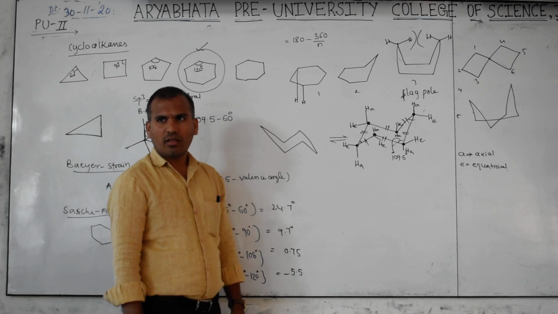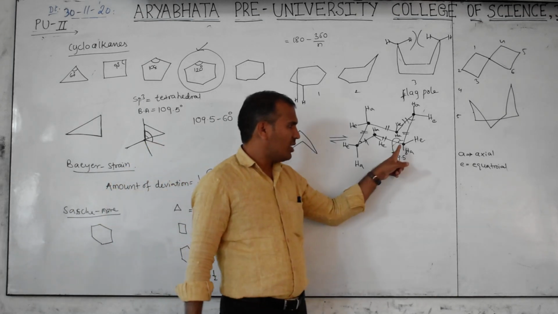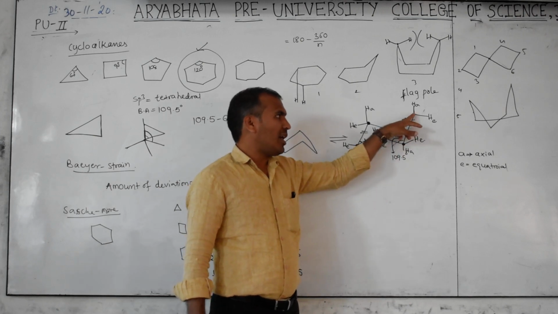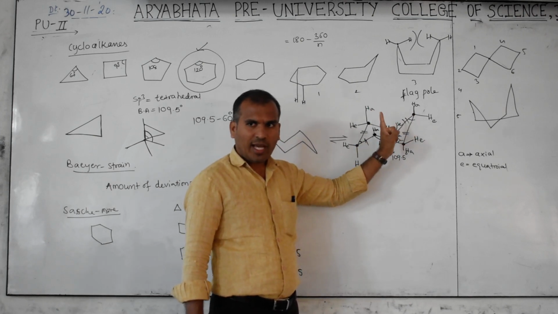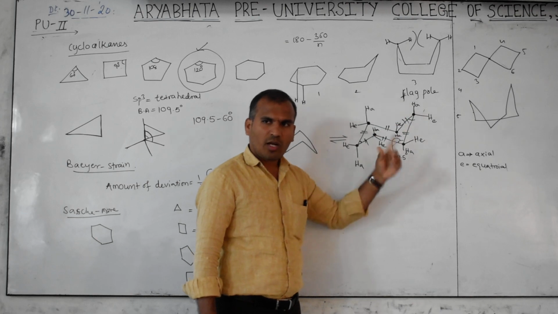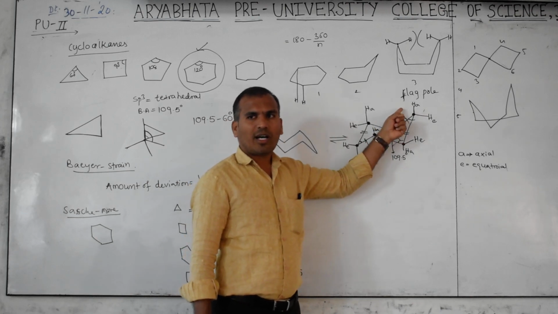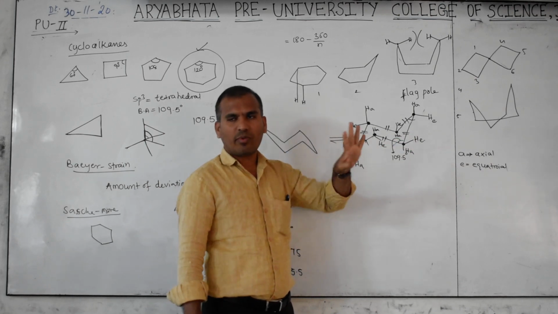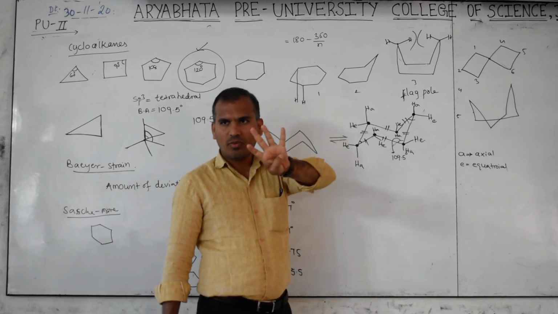Got the point here? So this will be up or down. When the up carbon has axial hydrogen up, automatically the up carbon's equatorial should be down. There is no choice because carbon is how much? Four.